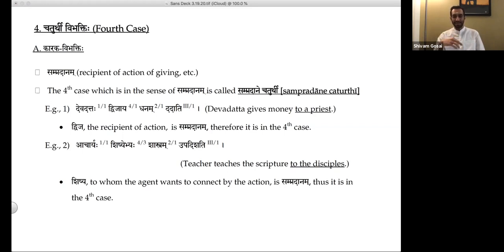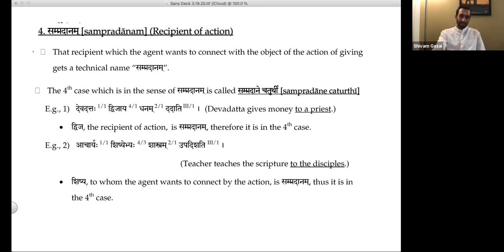Shishyebhyaha, to the disciples, the Shishyas. So that recipient of the action of teaching is also the sampradhanam. So you can see that note here. Shishya, to whom the agent wants to connect by the action, is sampradhanam. Thus it's in fourth case. Let's see what our next slide is.